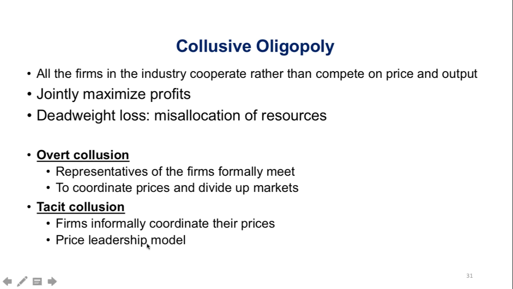The second type is tacit collusion, which means that there is no formal meeting. Firms informally coordinate their prices. There is a leader firm that sets its prices, and the other firms follow the leader. We call this the price leadership model, where the biggest firm sets the level of production and price, and the other firms follow the leader.